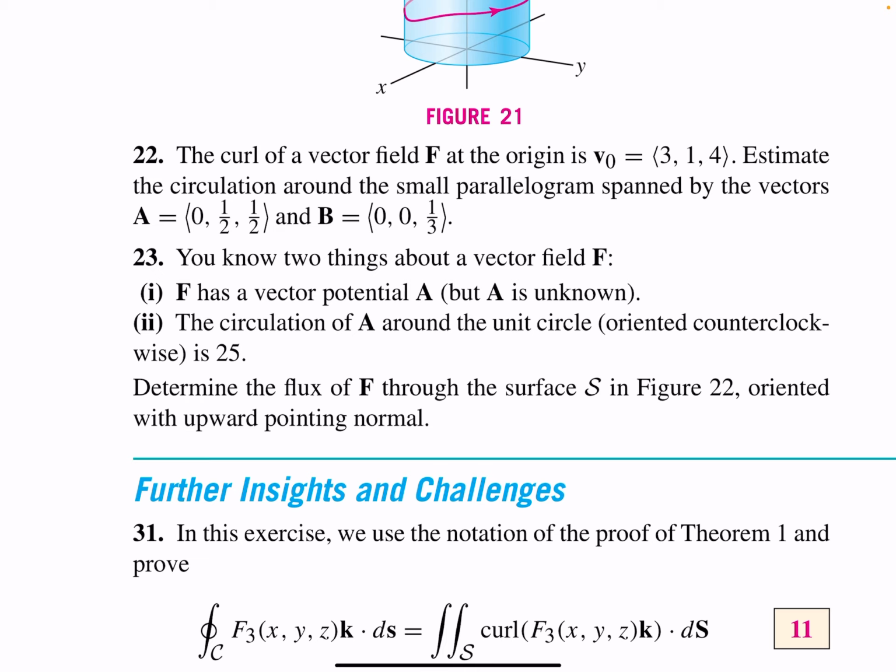And you know that the circulation of A around a unit circle, oriented counterclockwise, is 25. They want you to determine the flux through the surface in this figure 22 with an upward pointing normal.